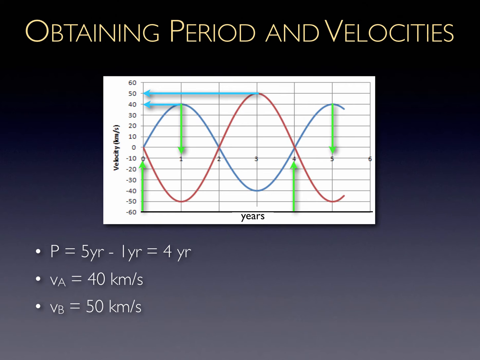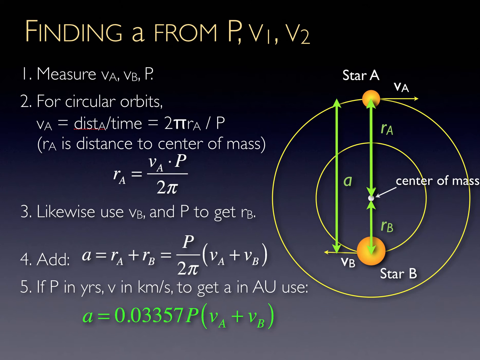The velocity of the faster star is 50 km per second and the velocity for the slower star is 40 km per second. If we assume, for simplicity, that the orbit of each star is circular, then we can easily see how their speeds and period can be used to calculate the separation distance between the stars.